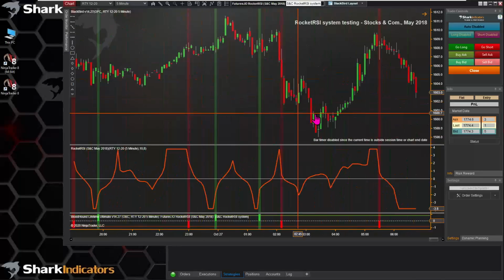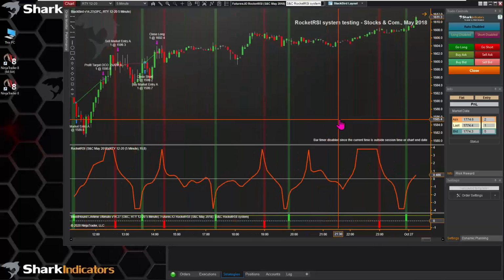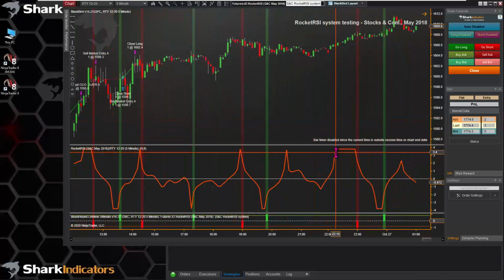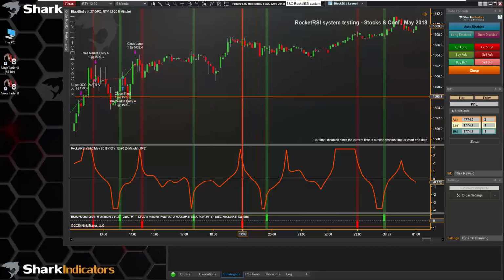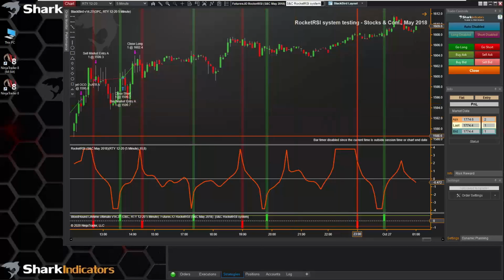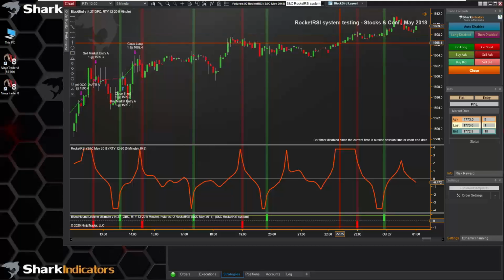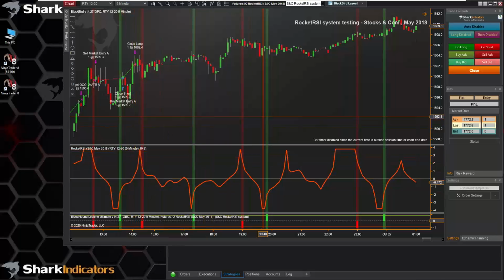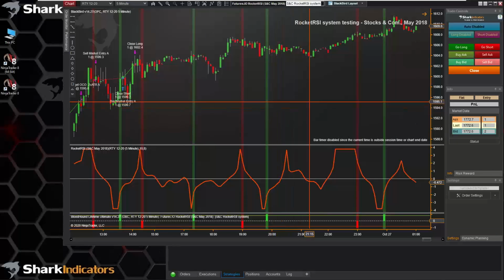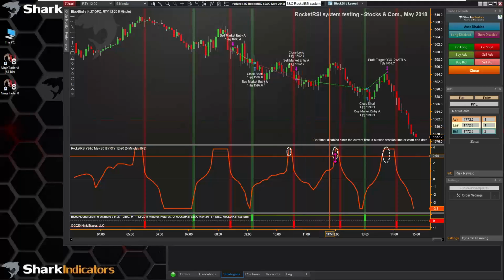But overall, when you scan back a few days and shift all these signals over, the fact that I can see these signals on the chart clearly made it really easy and fast for me to go, what would it look like? I could do an easy visual side-by-side comparison. I could say, sell signal there or sell signal there, buy there or buy there. Is it helpful to shift all these signals? And overall, visually, it did look like it was helpful to shift this over.